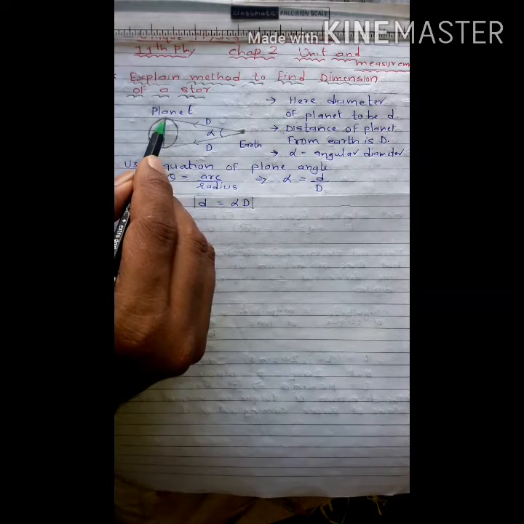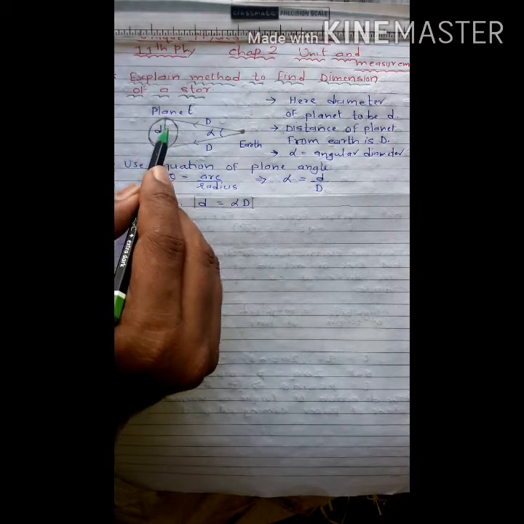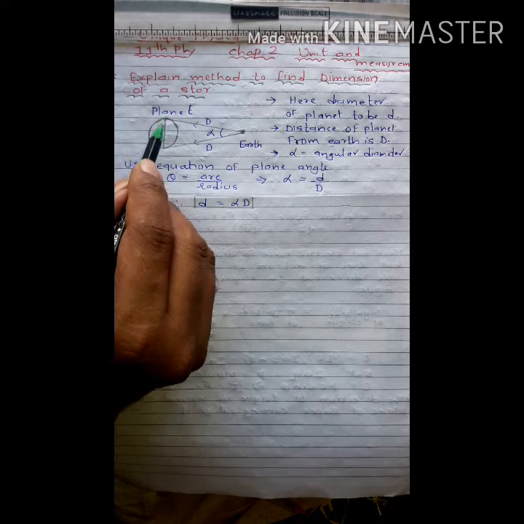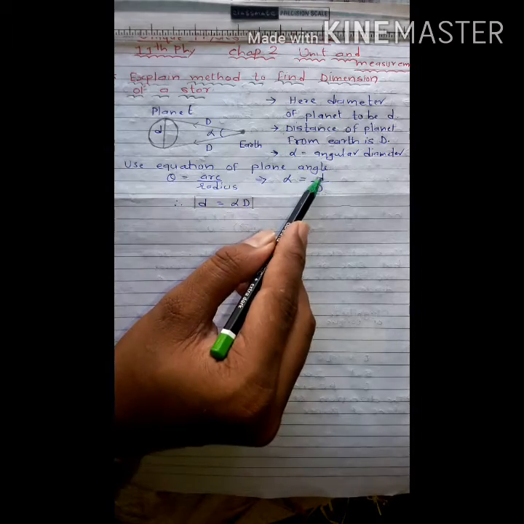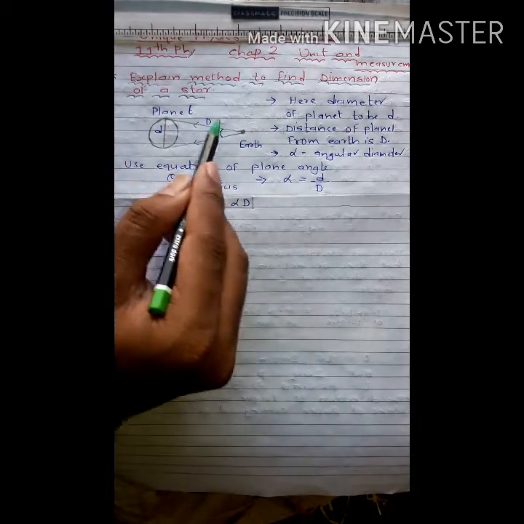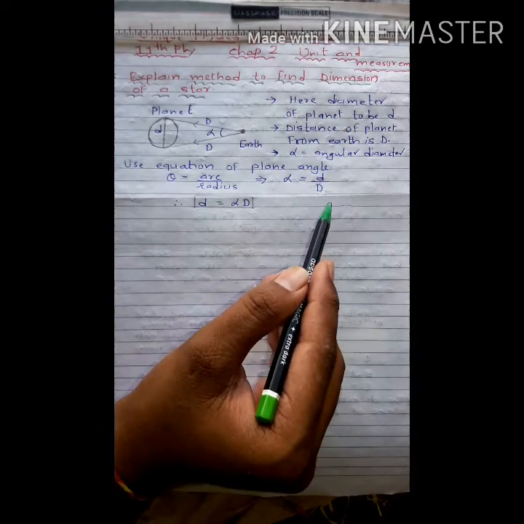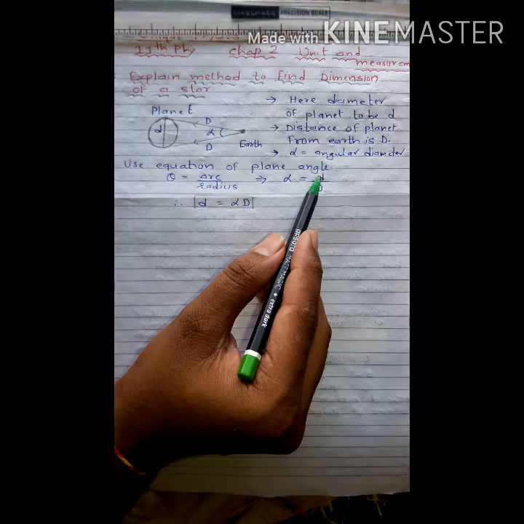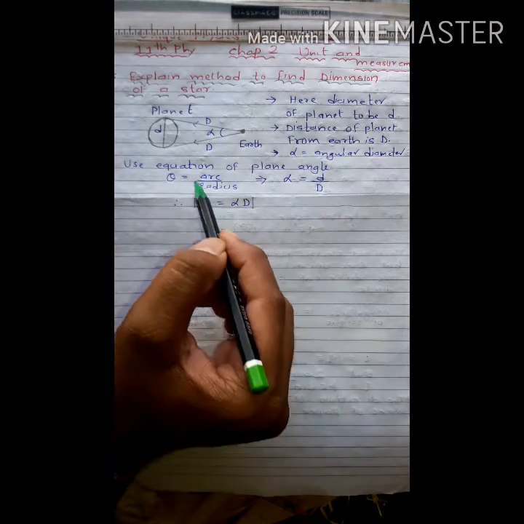See this figure very carefully. The small d, or diameter of the planet, is nothing but the arc of our circle, divided by the radius. The distance between the planet and Earth is capital D. So alpha is equal to small d upon capital D.